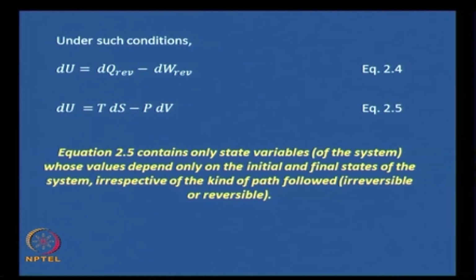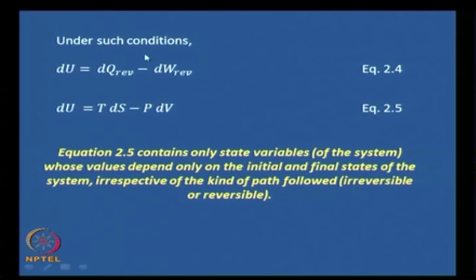The value of a state variable depends only on the state, and when the system undergoes a process, the value of such thermodynamic variables are dependent only on the initial state and final state of the system, irrespective of the path that was followed between states 1 and 2. Therefore whether it was a reversible process or not does not matter as far as the applicability of equation 2.5 goes. Irrespective of the kind of path that is followed, whether it is an irreversible path or a reversible path, equation 2.5 is valid.